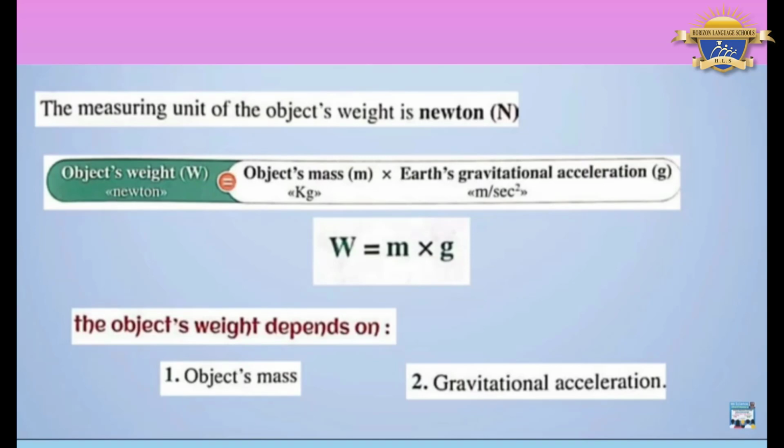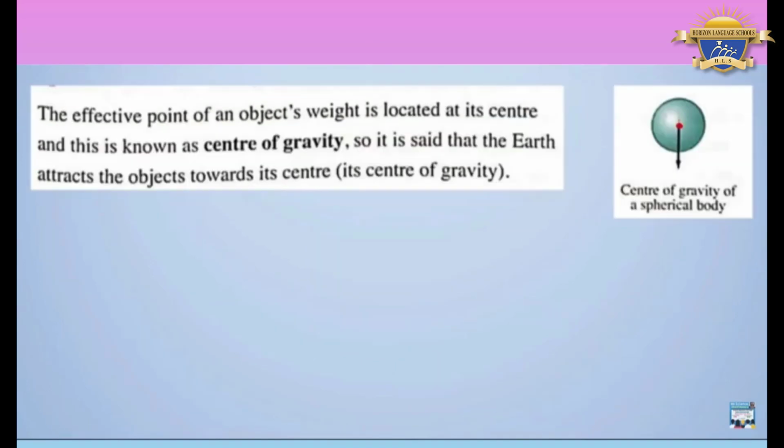So the weight W equals m times g. What are the factors affecting the weight? Two factors which are in the law: mass and gravitational acceleration. Again, the factors affecting object weight are: number 1, object mass; number 2, gravitational acceleration.